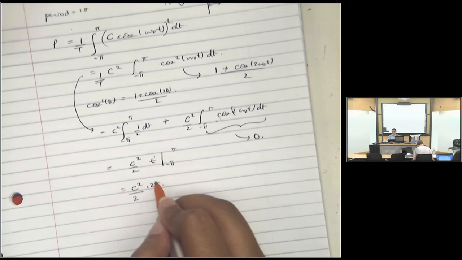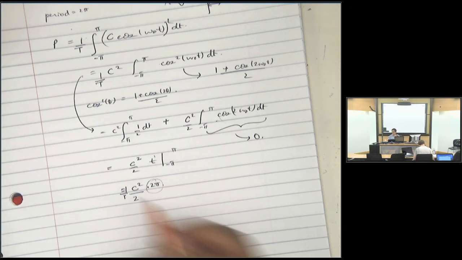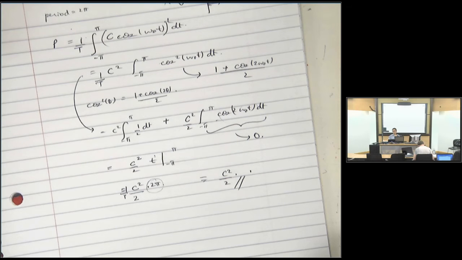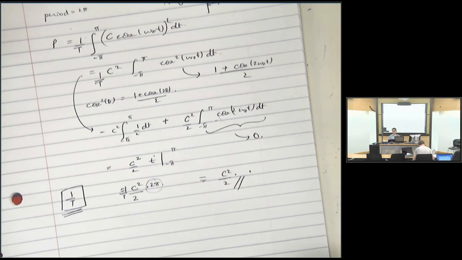Otherwise, you get this 2 pi factor in your numerator. So this is 1 over T multiplied, and T is 2 pi over here. So your power is c square by 2. So don't forget the 1 over T factor. Okay? All right.